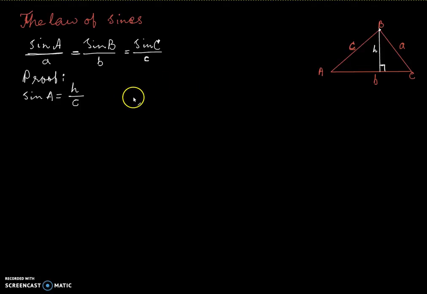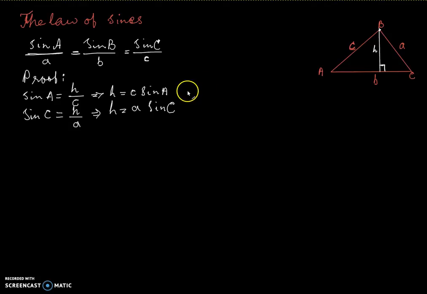So H is equal to c sine A, right? And then you could also calculate sine C in this triangle. Sine C is equal to H divided by a. So then H is equal to a sine C, right?